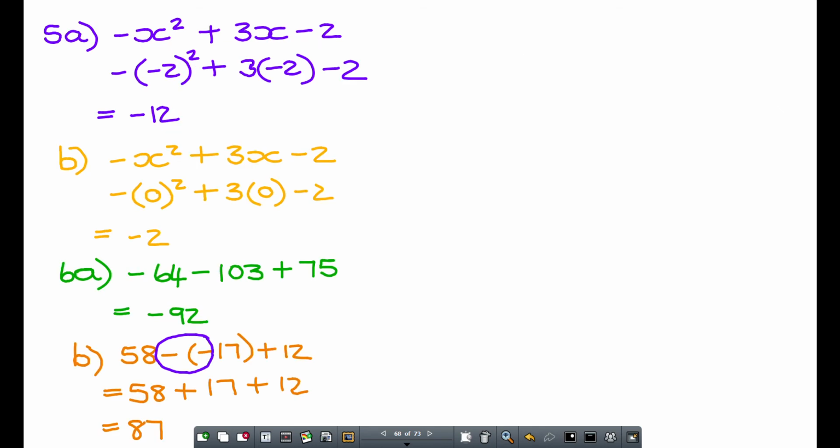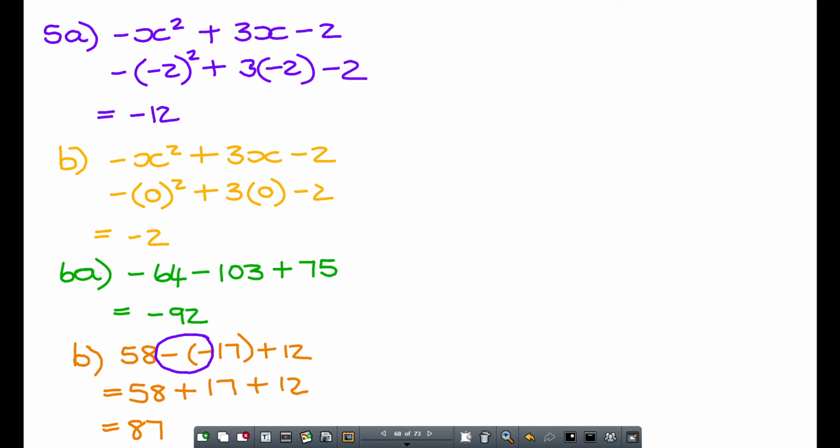Okay, number 5. Number 5 said calculate the value of the expressions if x is minus 2. Now, if x is minus 2, it means we've got to substitute that in wherever we see x. But what's the golden rule when we substitute? Put it in brackets.